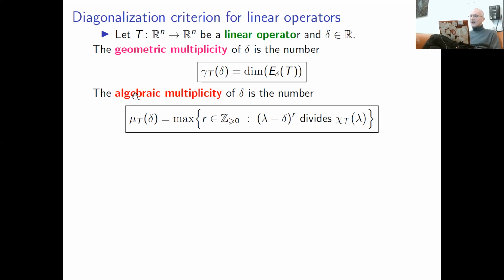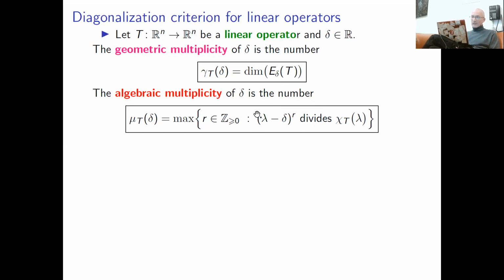Similarly, the algebraic multiplicity of delta is just the multiplicity of delta as a root of the characteristic polynomial. If delta is not a root of the characteristic polynomial, then its algebraic multiplicity is zero. It's just not a root. If it's a root, maybe it's a repeated root, and you just count how many times it appears in the factorization of your characteristic polynomial into linear polynomials of degree 1.